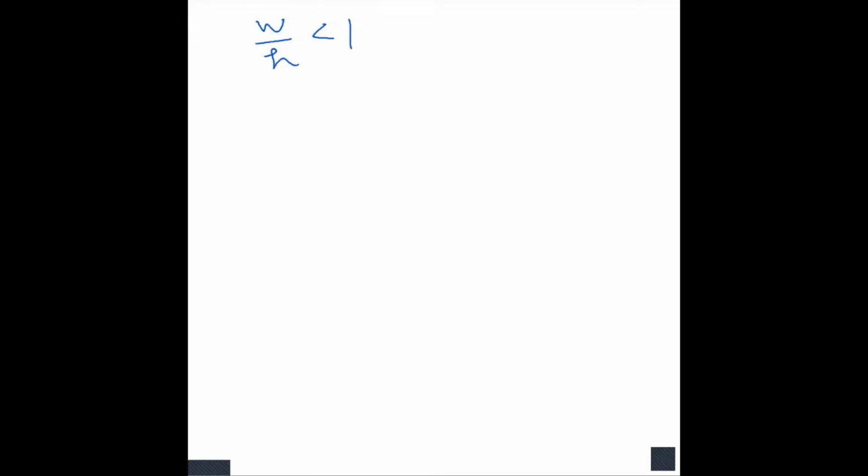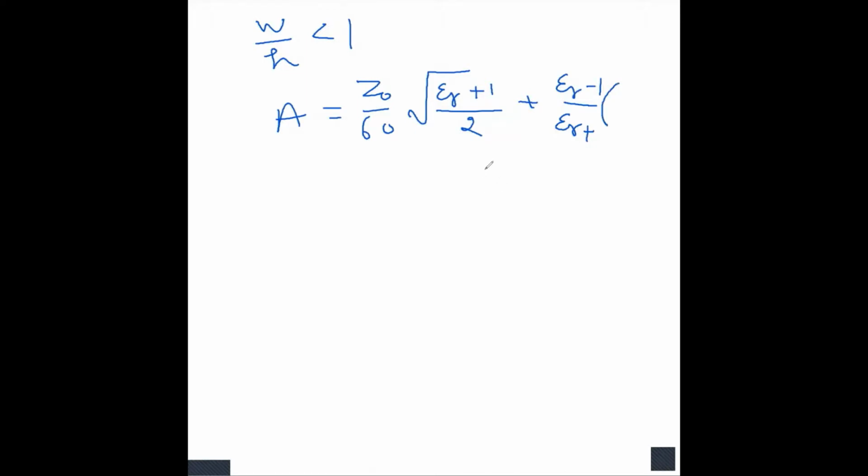So now we will calculate A to get the value of W, and A is Z0 upon 60 under root of (epsilon_r plus 1) upon 2, plus (epsilon_r minus 1) upon (epsilon_r plus 1), and this term will be multiplied by (0.23 plus 0.11 upon epsilon_r).